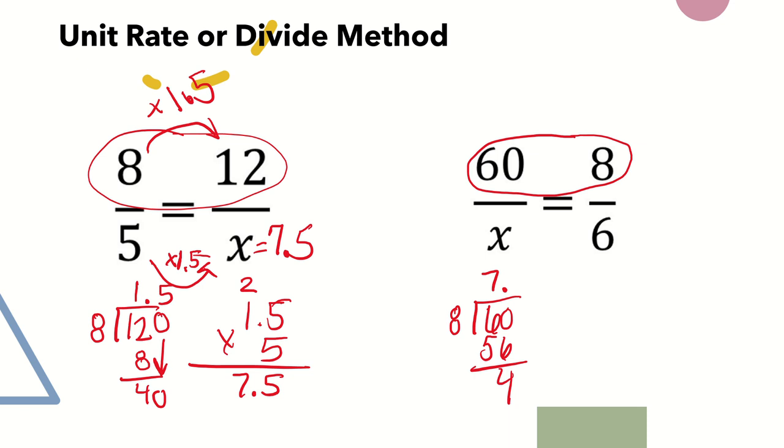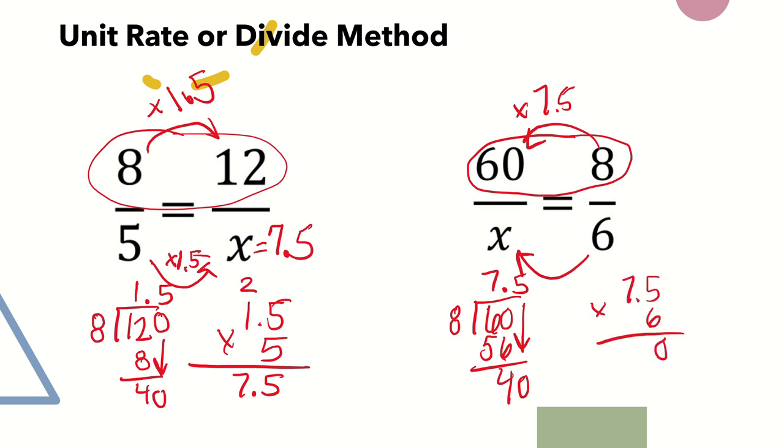So I know that 8 times 7.5 would give me 60. Again, whatever I do to the top, I also do to the bottom. So I can go 7.5 times 6. That gives me 30, that's 42, 45, and move my decimal one time. So in this case, I should get x is equal to 45.